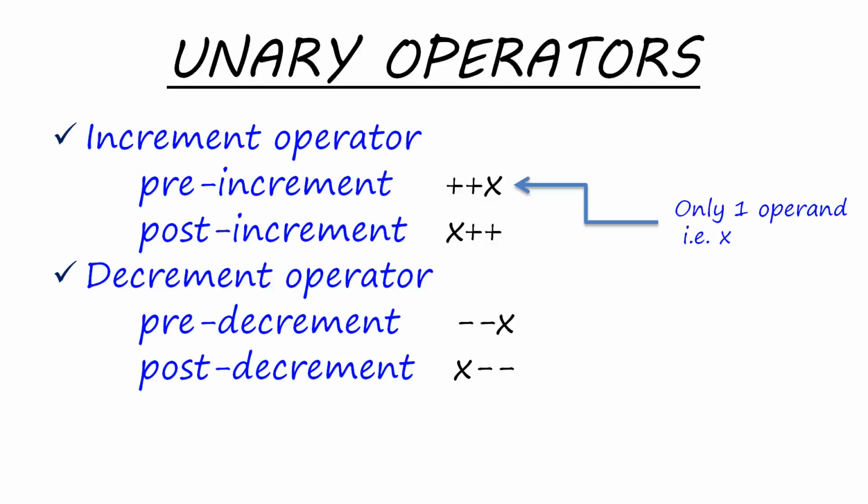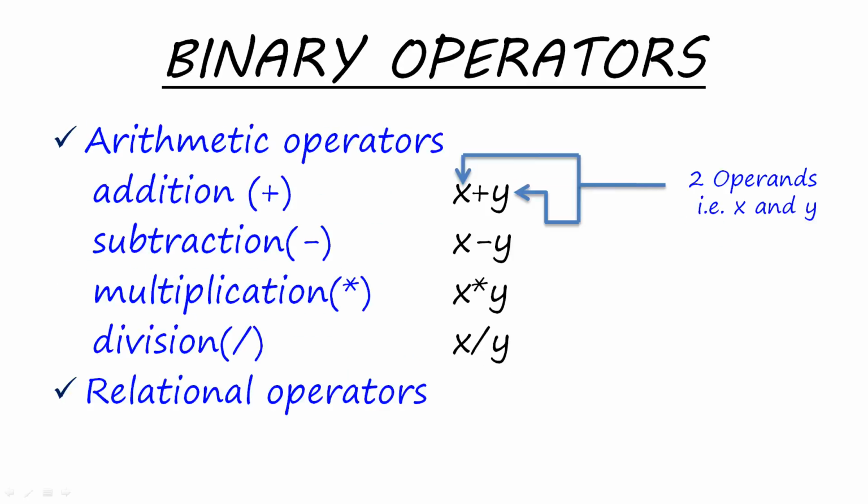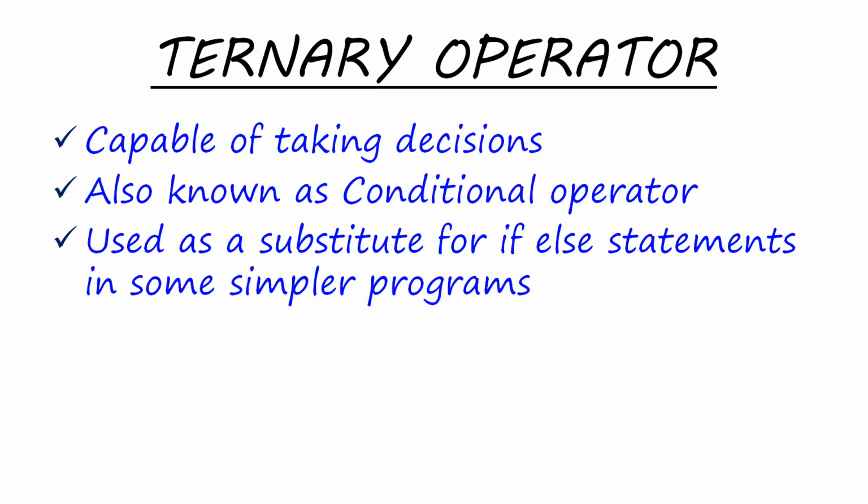Then you learned the arithmetic operators for performing addition, subtraction, etc. These work on two operands, and so these are called binary operators. The conditional operator is called the ternary operator because it works on three operands.